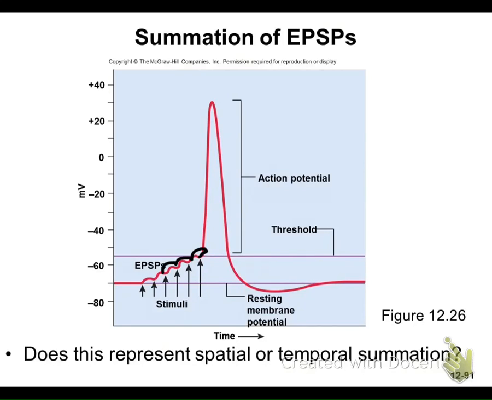I haven't said it this semester yet, but myelin makes the action potential more efficient. It takes less energy, less ATP, for your body to send an electrical signal down a myelinated axon than it does to send it down one that is not as myelinated.